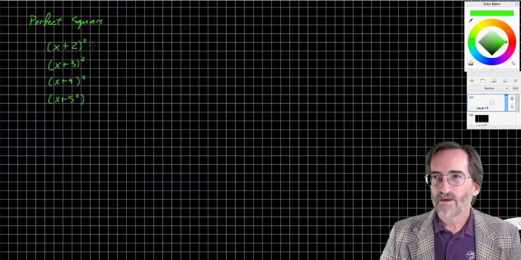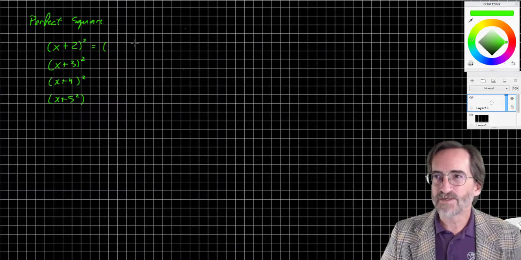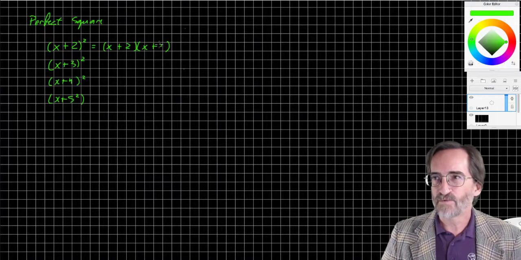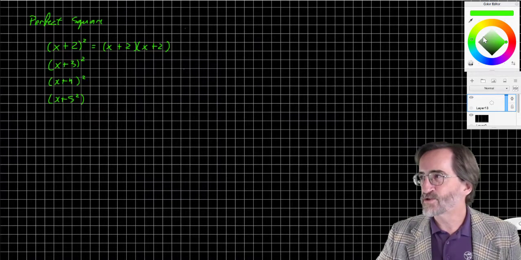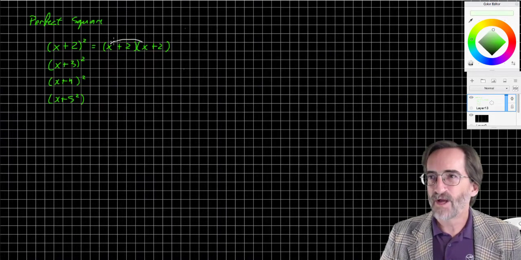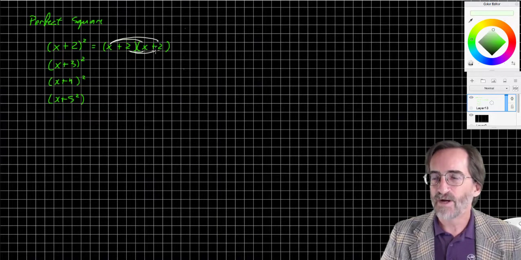Okay, so squared means times itself. So the squared means parentheses times parentheses, x plus 2, x plus 2. So we're going to distribute, just like we learned in the last lesson. Multiply x by x, x by 2, 2 by x, and 2 by 2.